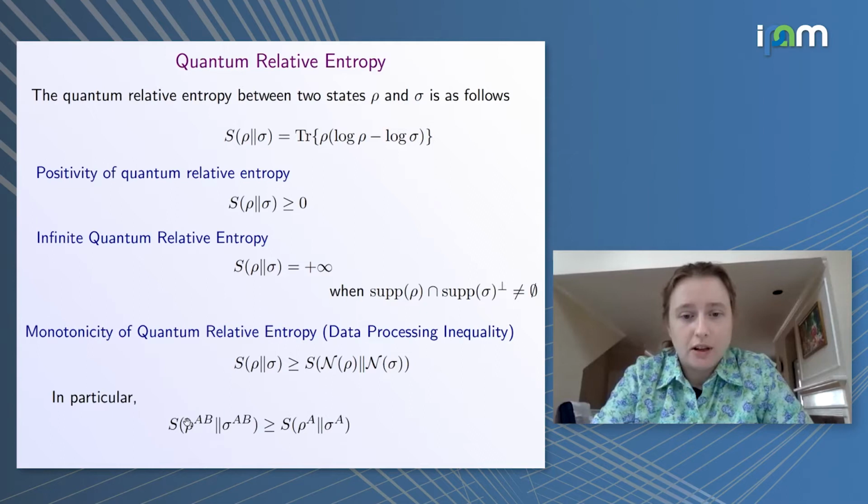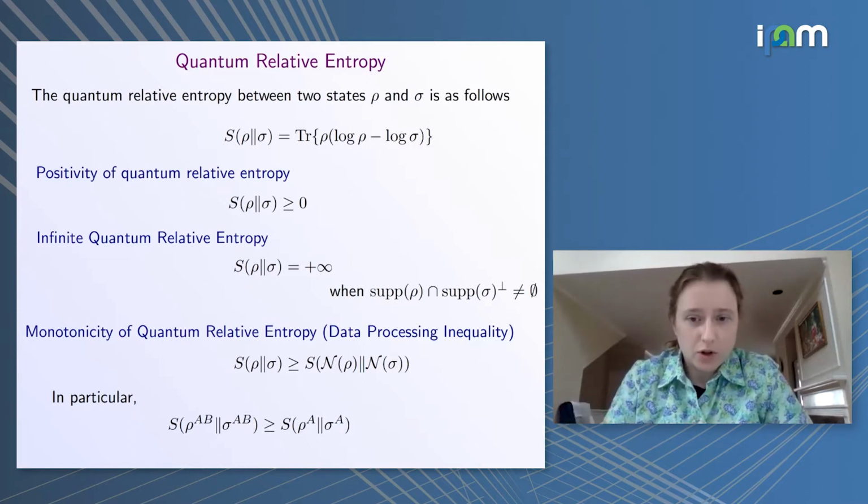So if you have a state rho on two systems, A and B, and sigma on two states, once they pass through the noisy quantum channel, it gets harder to distinguish them because the information gets scrambled, so to speak, and the states become closer to each other in a way that they're more and more scrambled.